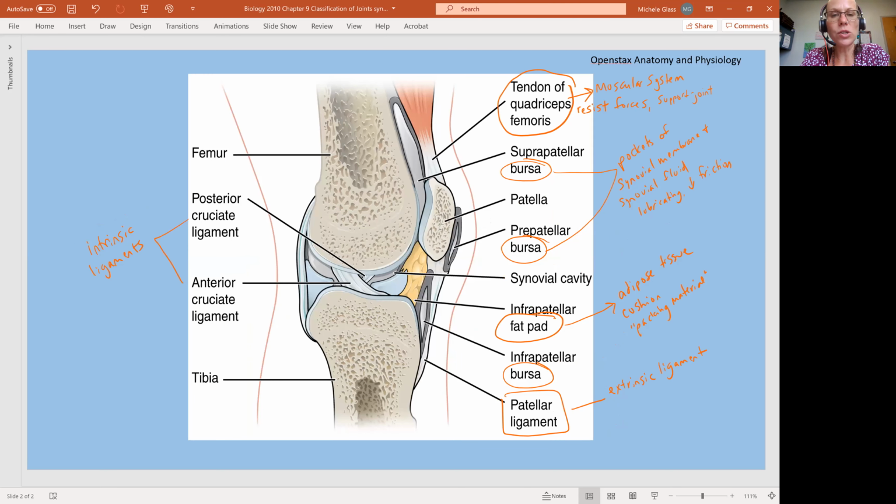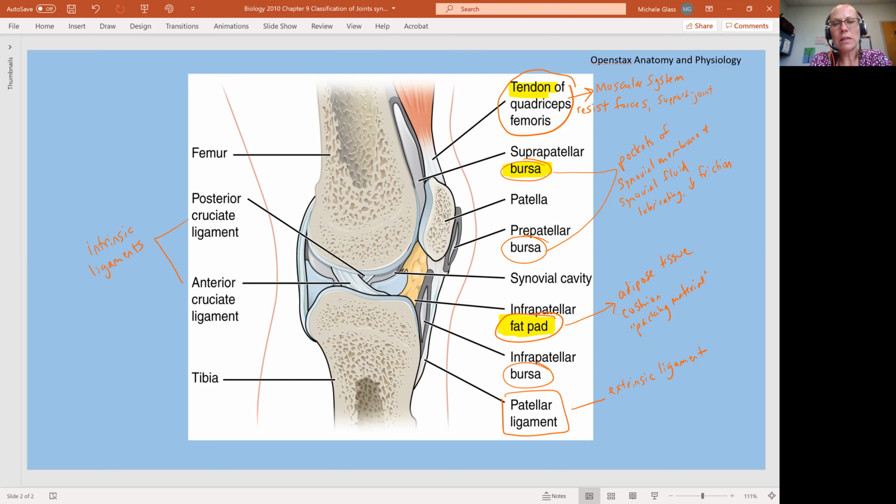Moving on to this picture that's a little bit more detailed, we have the bursa or bursae with an AE ending. These are those pockets of synovial membrane and synovial fluid outside of that capsule, strategically located to reduce friction. We have fat pads, which are located inside the capsule, acting as a little cushion.